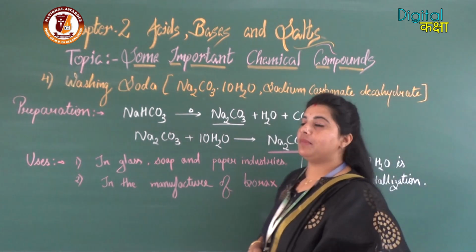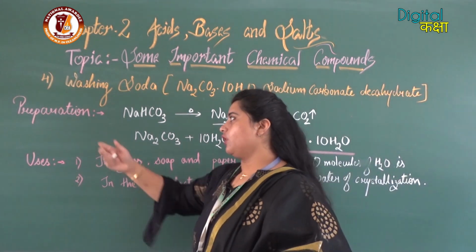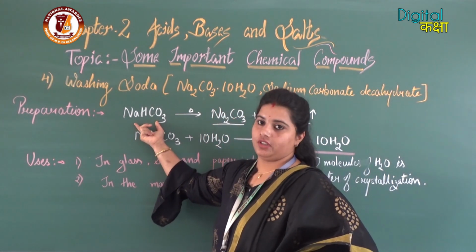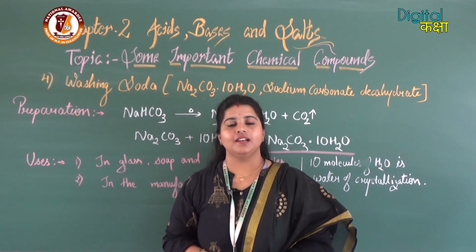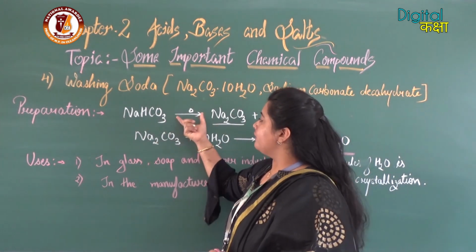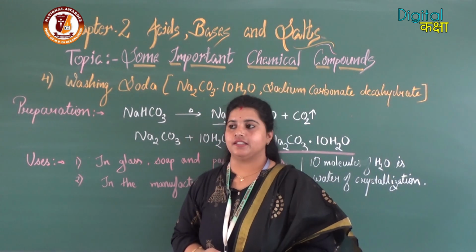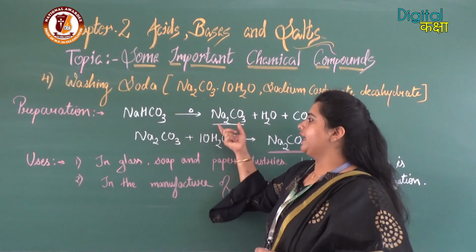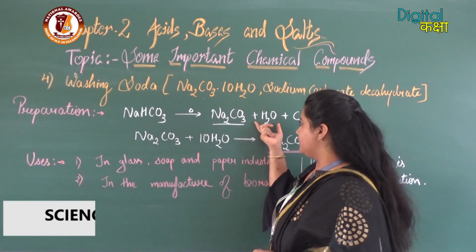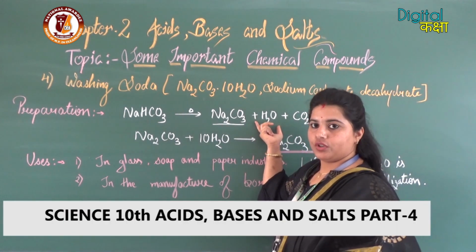How is it prepared? For the preparation, we need NaHCO3, sodium bicarbonate. We have discussed what it is: baking soda. When the soda is heated, it forms Na2CO3, sodium carbonate, in aqueous form. That means water is there.